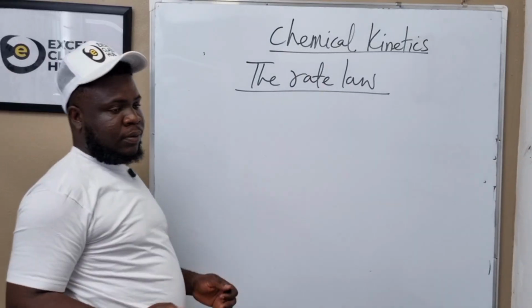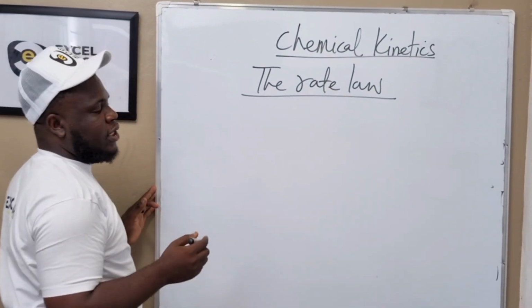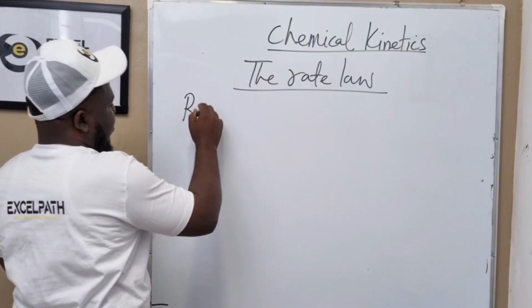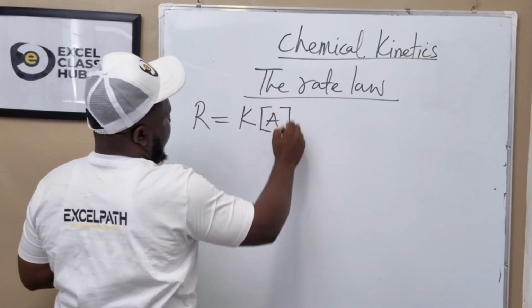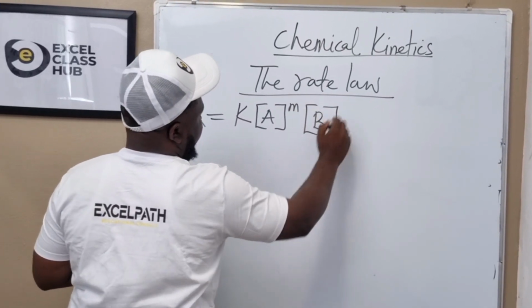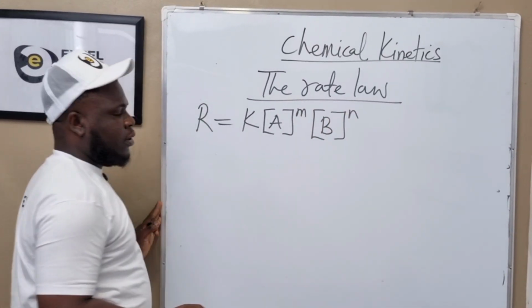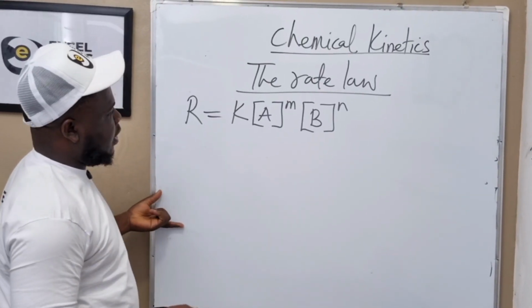The rate law for a chemical reaction is always expressed as R is equal to K, concentration of A raised per M, and concentration of B raised per N. So this is what we call the rate law expression for a chemical reaction.